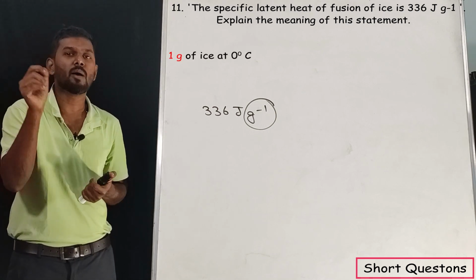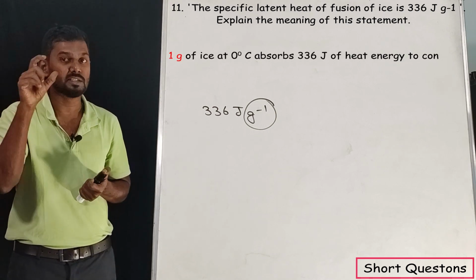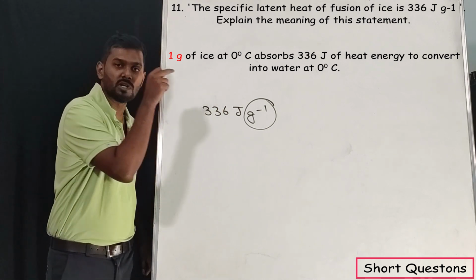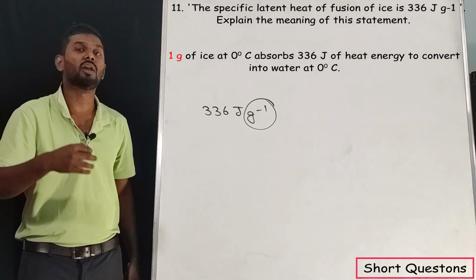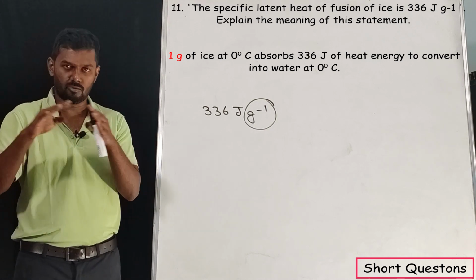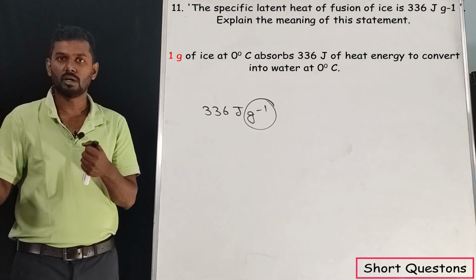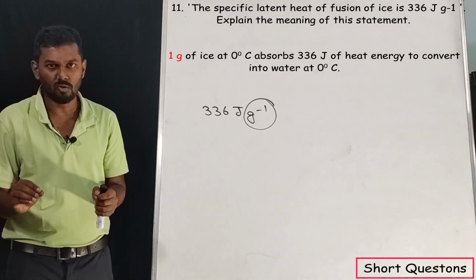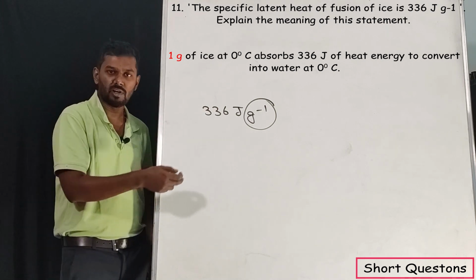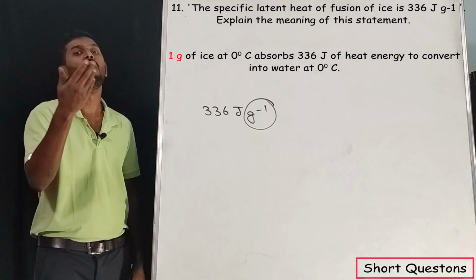That means 1 gram of ice at 0 degrees Celsius requires 336 joules of heat energy to convert into water at 0 degrees Celsius. In both phases, ice and water, the temperature will be 0 only. It will be constant and requires 336 joules of heat energy to convert into water.